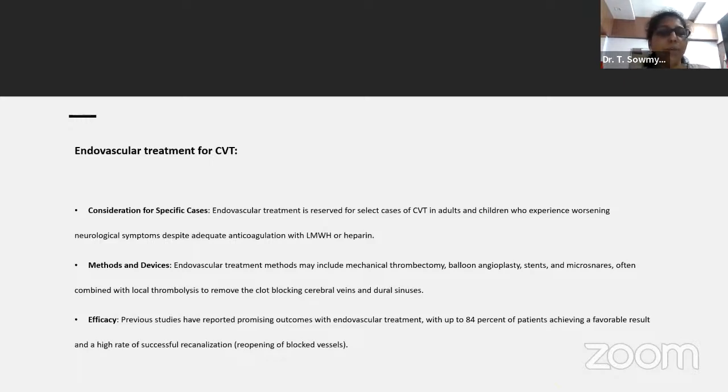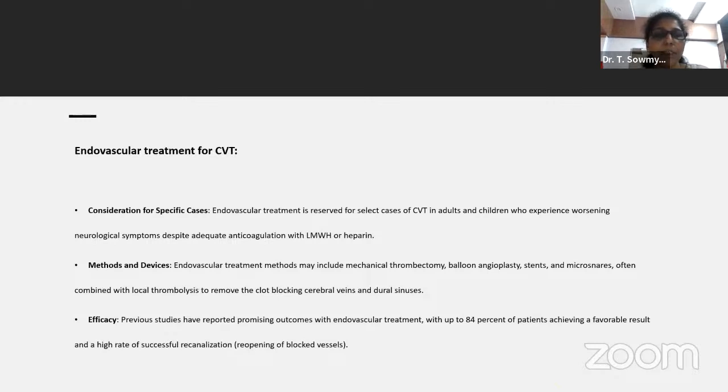The methods and devices for endovascular treatment are balloon angioplasty, mechanical thrombectomy, stents and microsnares, often combined with local thrombolysis to remove the clot which is blocking the cerebral veins and dural sinuses.